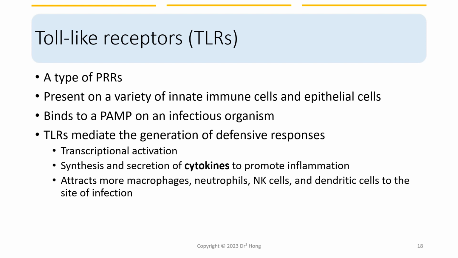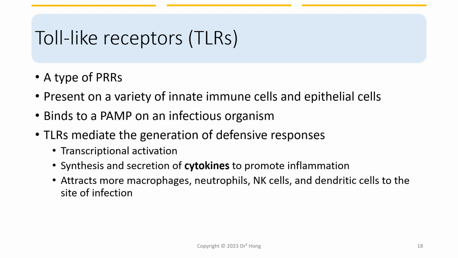When they bind to PAMPs on infectious organisms, it will mediate the generation of different defense responses, such as activating a lot of transcription factors and processes, which lead to synthesis and secretion of cytokines to promote inflammation. It will also attract more macrophages, neutrophils, natural killer cells, and dendritic cells to the site of infection to mount an innate immune response.